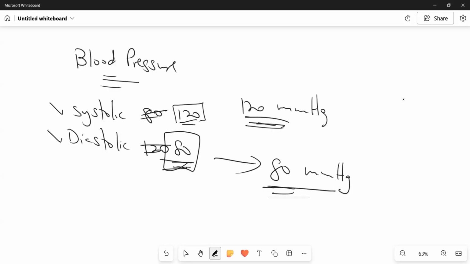Okay, so roughly, this 120 approximates to around 16,000 Pascal. And this 80 approximates to around 11,000 Pascal, it is 10.67 they have. Y'all can do the calculation.